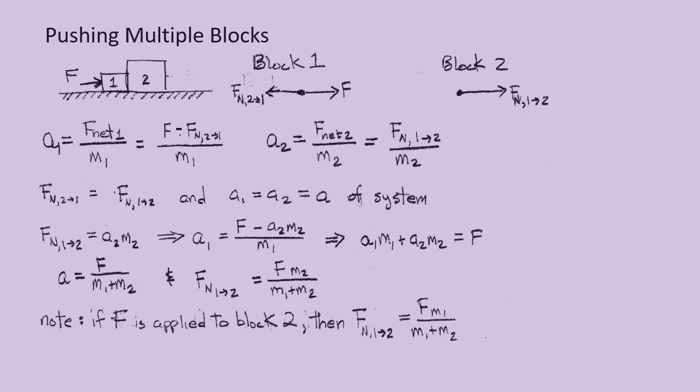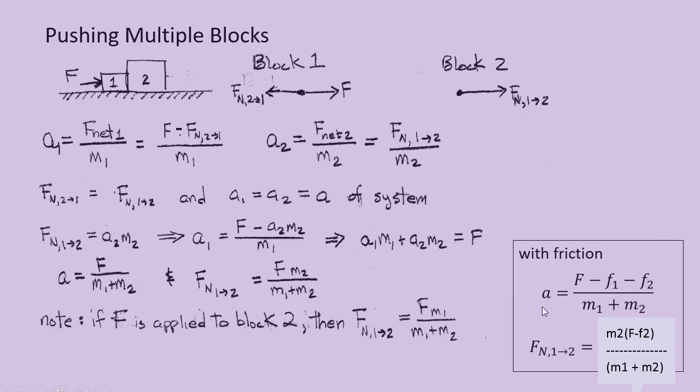Now, we haven't looked at this case with friction, but if we were to take a look with friction, the acceleration would be the force pushing to the right F minus the individual friction forces of blocks 1 and 2. Note in a problem you may just be given one friction force for both blocks combined. And so it's that net force divided by the system mass.